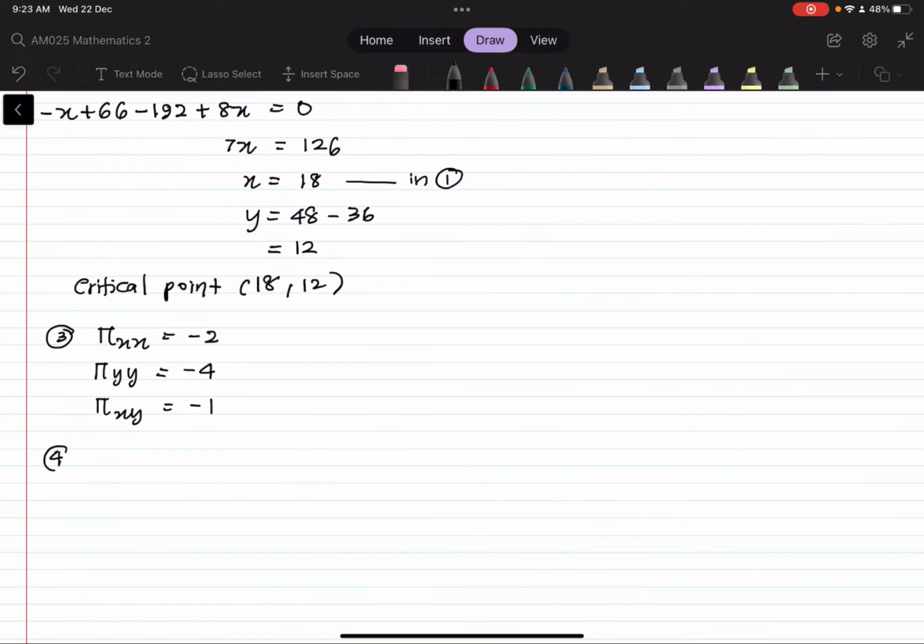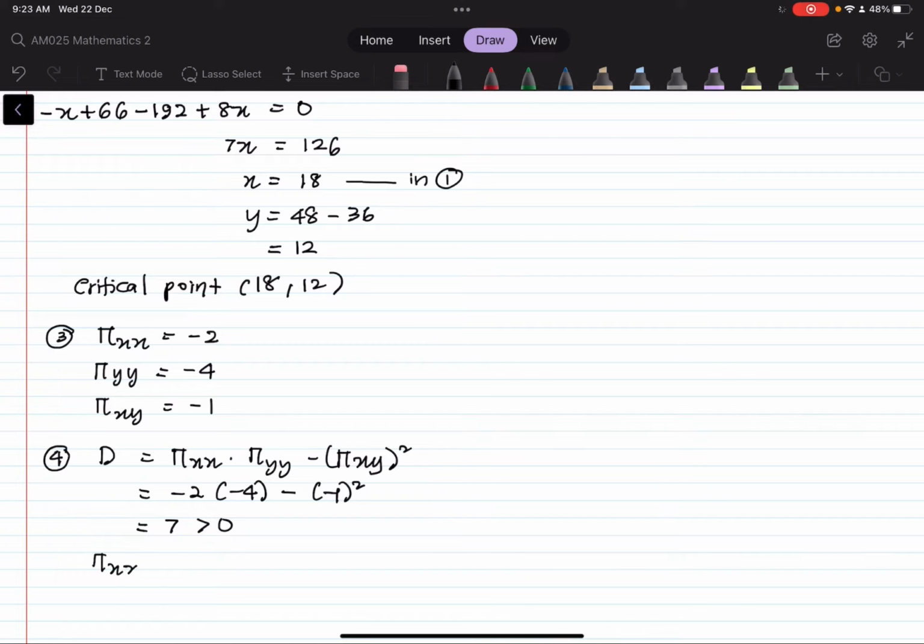Let us use our second order partial derivatives for the D-test, which is pi sub xx times pi sub yy minus pi sub xy squared. So negative 2 times negative 4 minus negative 1 squared equals 7. We know that if D is positive, we need to check pi sub xx, which is negative 2, less than 0.